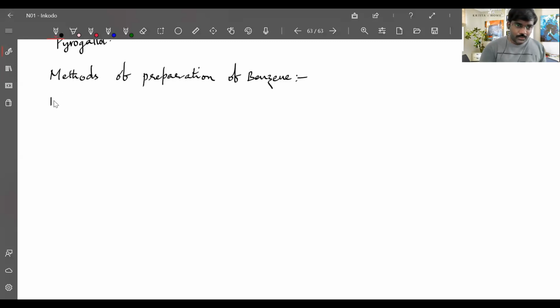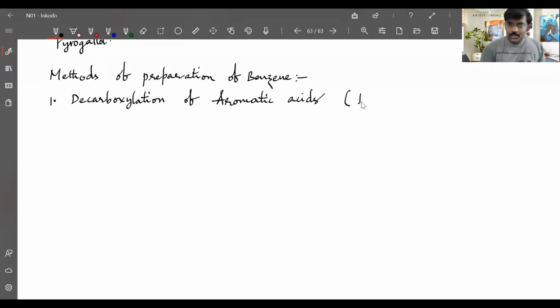So the first method, decarboxylation of aromatic acids. Okay, this is a laboratory method actually. So lab method you can say this, because in the laboratory you can conveniently do this.